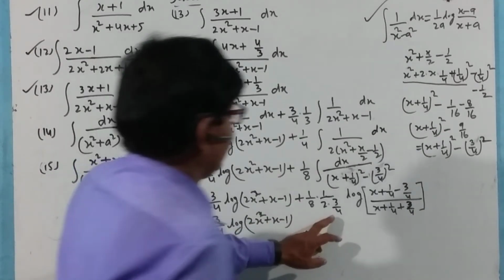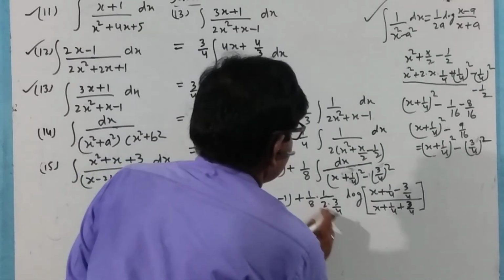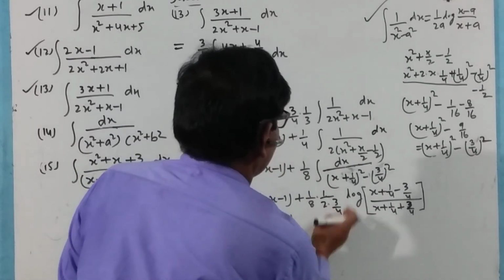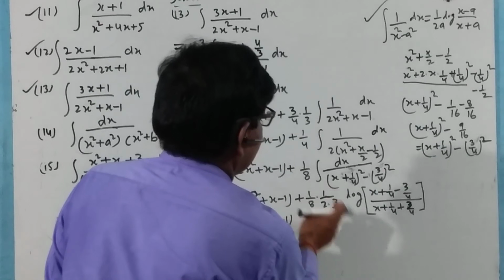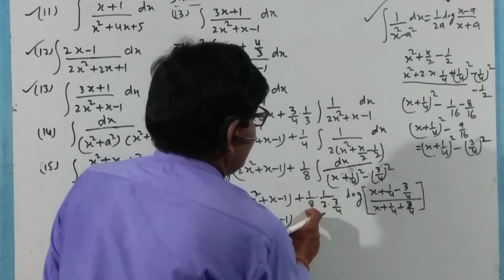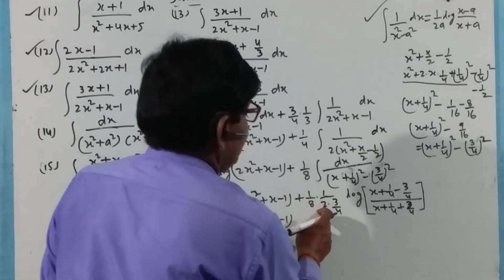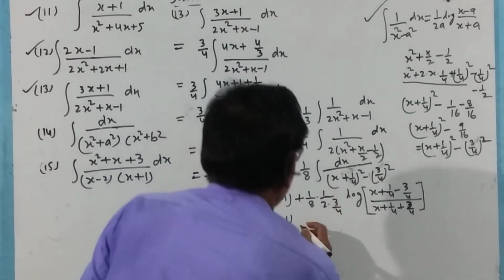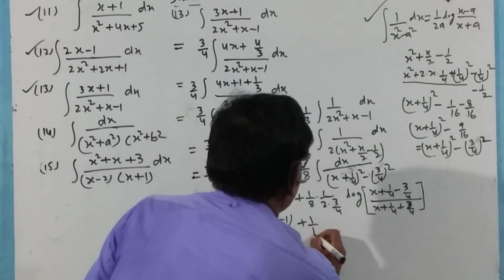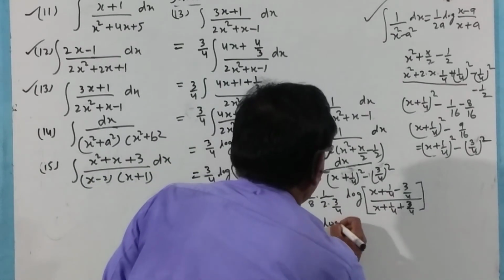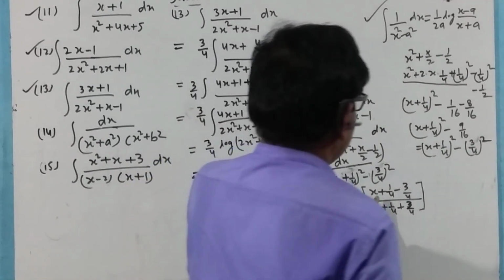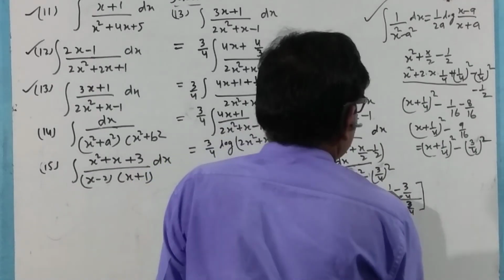This can be written as, now this comes here on the upper side, so 4 2s are 8, 2 2s are 4, 4 3s are 12. This is equal to 1 by 12 and log, and this can be written as 4x.